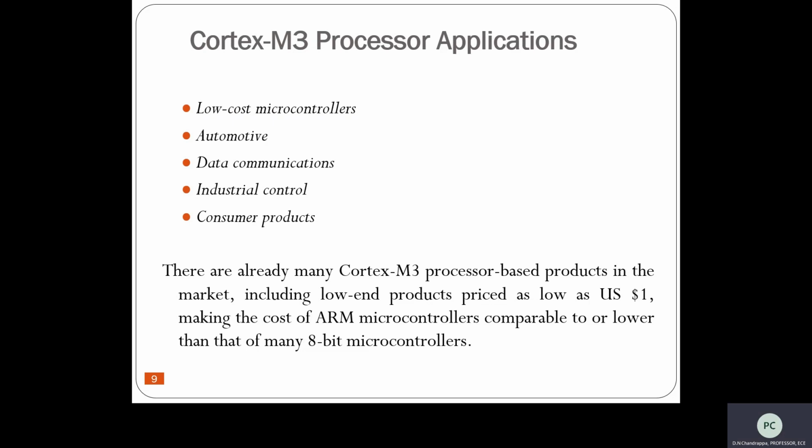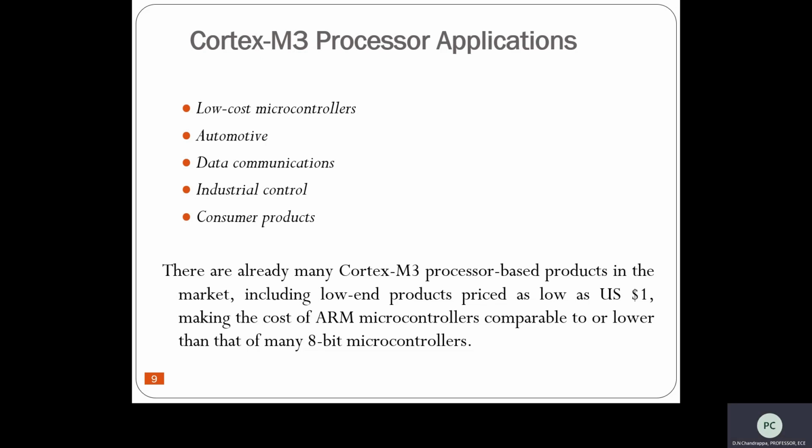The first one is called low cost microcontrollers, then automotive, then it supports data communications, and it helps industrial control. And finally, consumer products. So the Cortex M3 processor is ideal for a wide variety of applications.